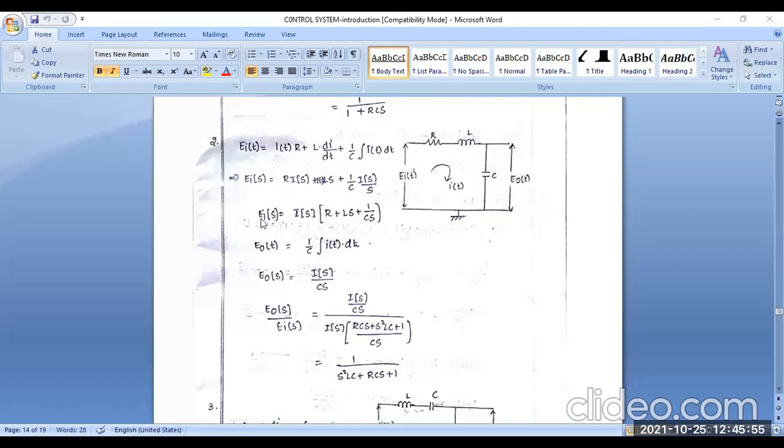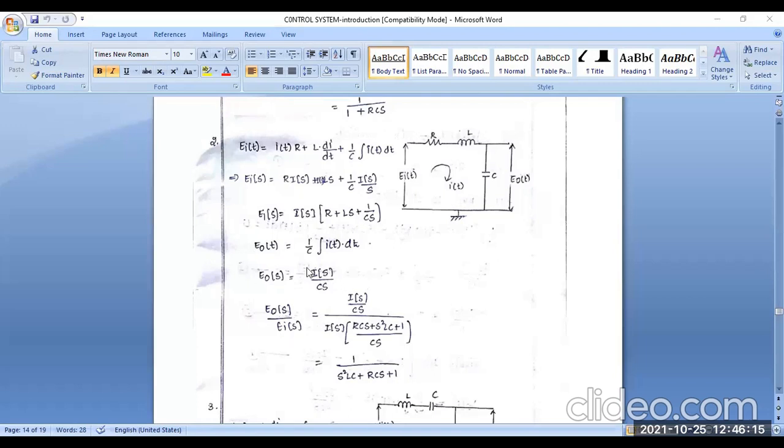So now we calculate the transfer function after applying the Laplace transform to the input and output operations of the given RLC circuit. This is the ratio, the output by input, E output by E input.